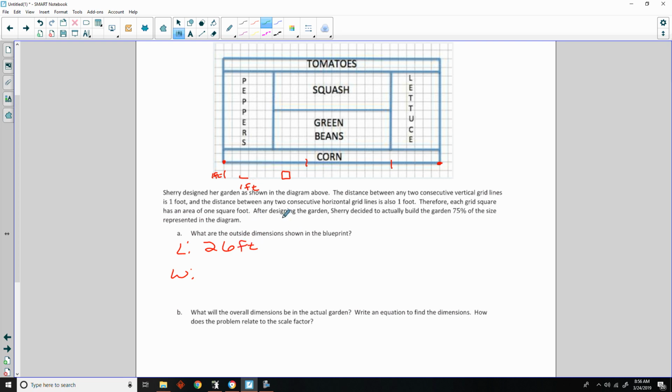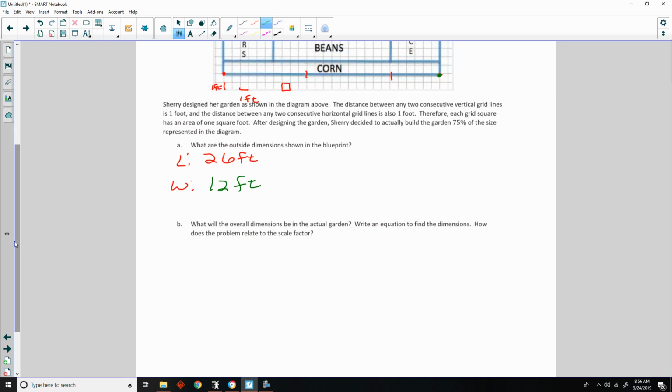The width is 1, 2, 3, 4, 5, 6, 7, 8, 9, 10, 11, 12. So from this point to this point is a distance of 12 feet. Okay, so the outside dimensions shown in the blueprint are 26 feet by 12 feet.